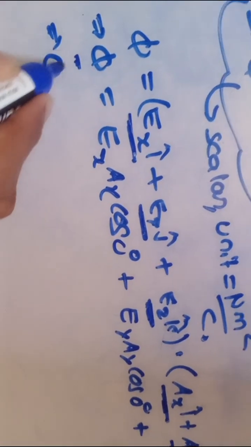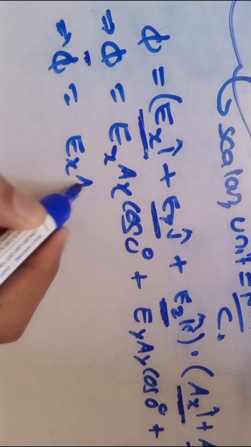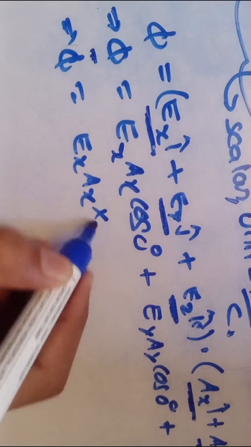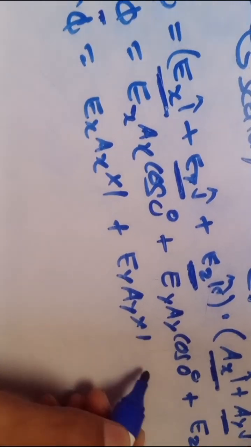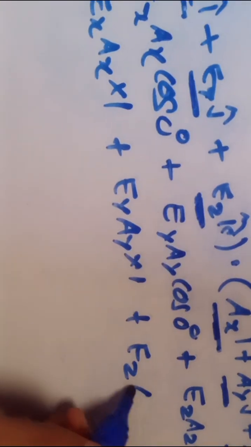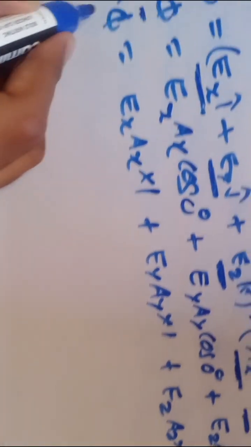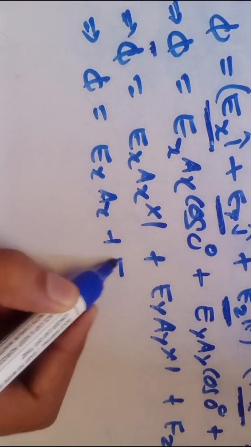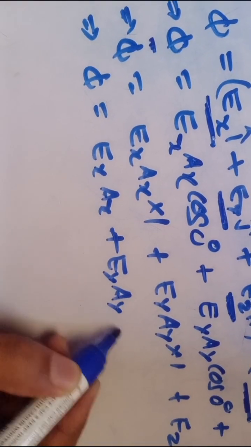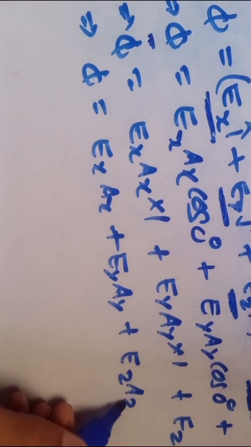So flux equals Ex Ax into 1 plus Ey Ay into 1 plus Ez Az into 1. So flux equals Ex Ax plus Ey Ay plus Ez Az.